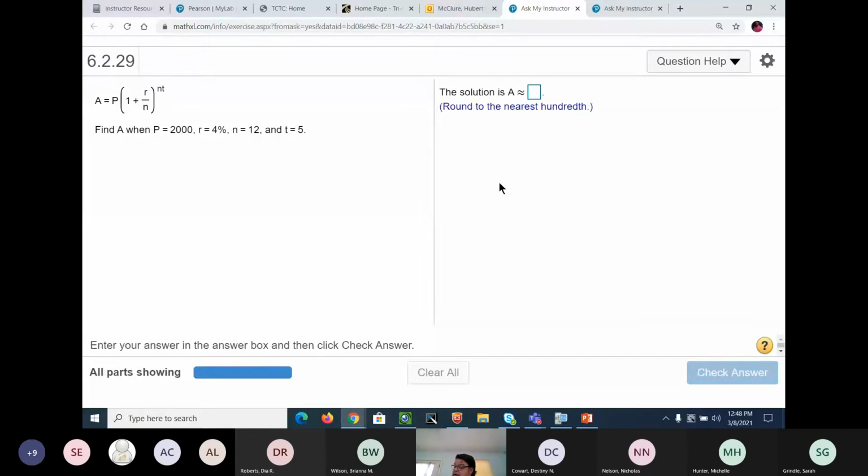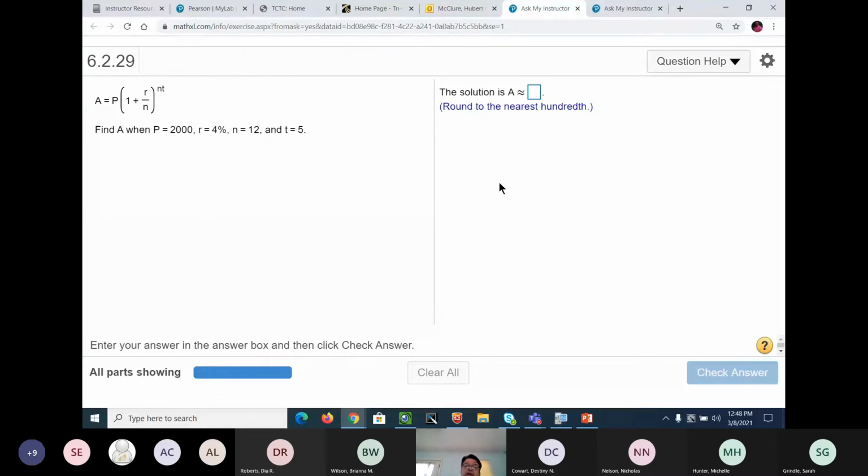So in this case, I'll tell you what, I'm going to another color. The principal in this case is equal to $2,000. The rate is equal to 0.04. The number of times it's calculated during the year is 12, so that means monthly. And how many years? 5 years.